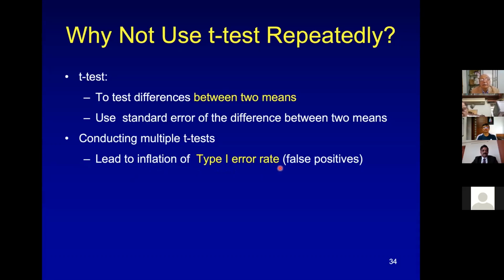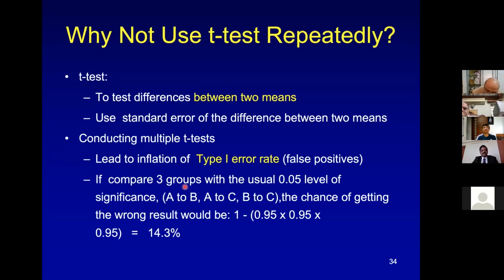Because we are testing more than once, and I'm sure all of us are familiar that we allow for a 5% error. We live with 5% error, but the more times we do tests, the more of those 5% errors we keep multiplying, and the level of significance we need to set for that is very high.